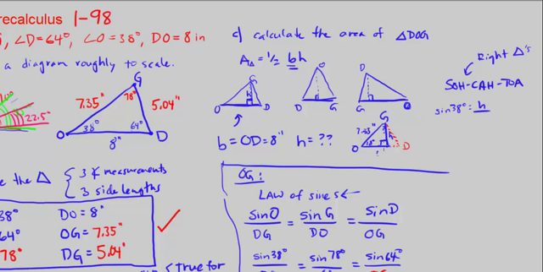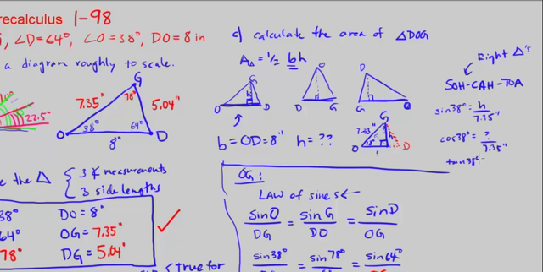The hypotenuse, remember, is opposite the right angle, which is 7.35 inches. Cosine of 38 degrees is the adjacent side. We no longer know this side length. We know the whole side length, all the way to here, but we don't know just this section. Over the hypotenuse, we know that's 7.35 inches.